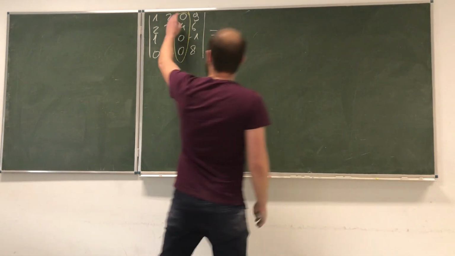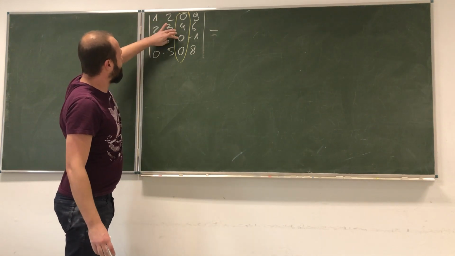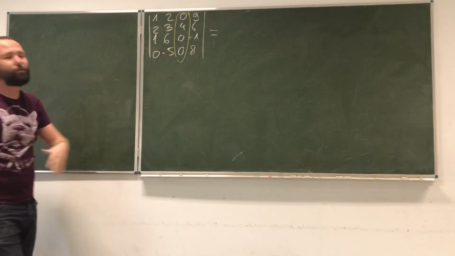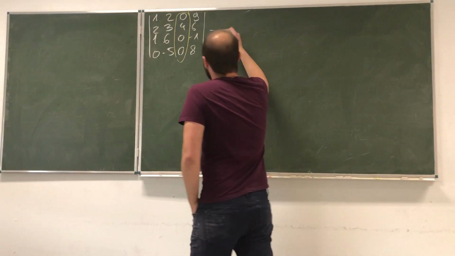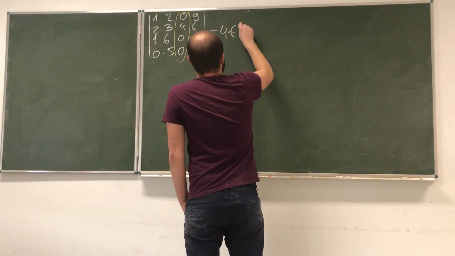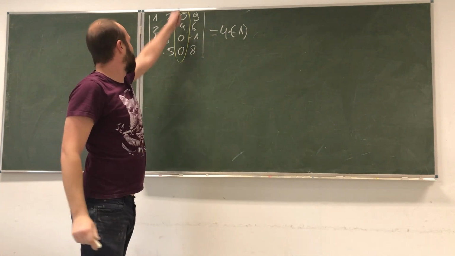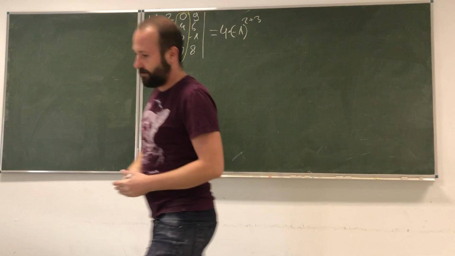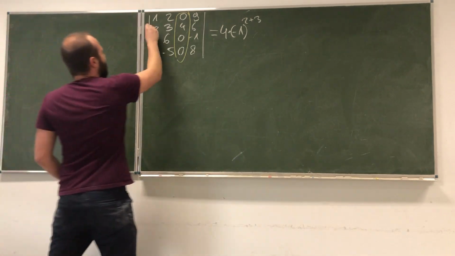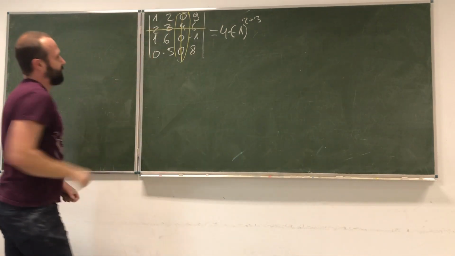This part of the expansion, this part, and this part will all be equal to 0. So all I need to write here is just 4 times negative 1 to the power second row, third column, and times the minor. And because there is only one element, I'm going to do this.